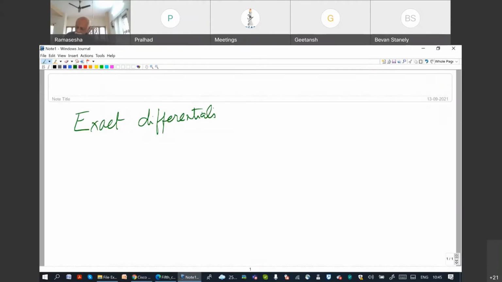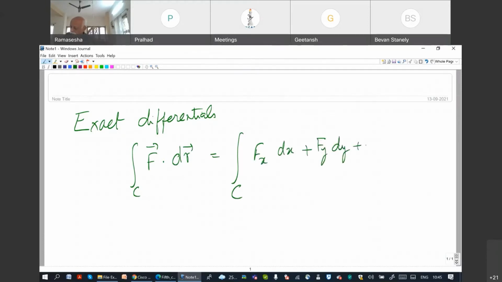Okay, what we were doing was we were trying to look at these kinds of integrals around a path of this vector field, integral of F dot dr, which is equal to integral over C of fx dx plus fy dy plus fz dz. Now if this has to be independent of path, what it requires is the following.